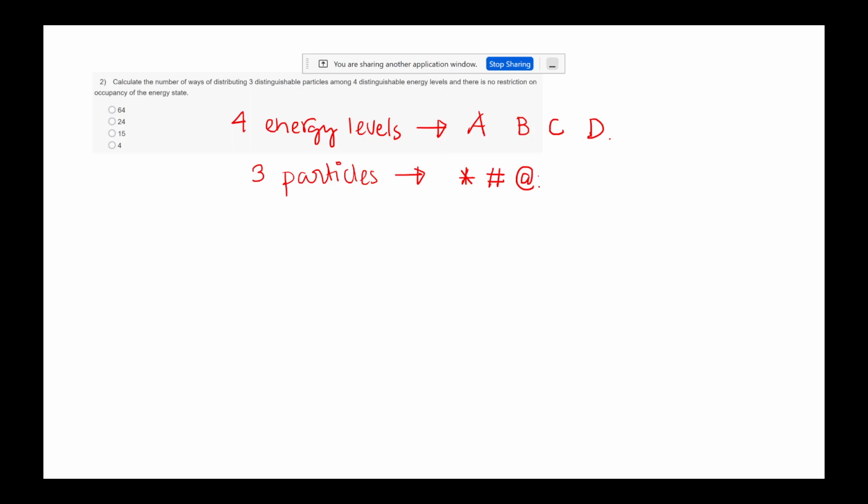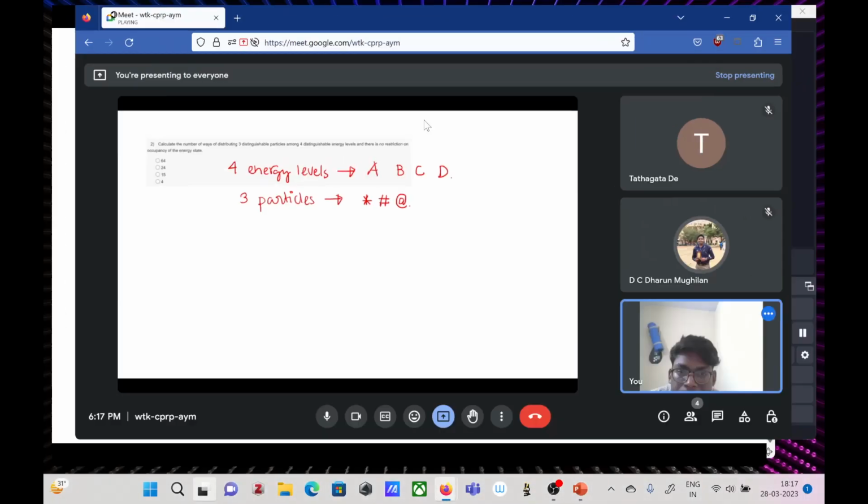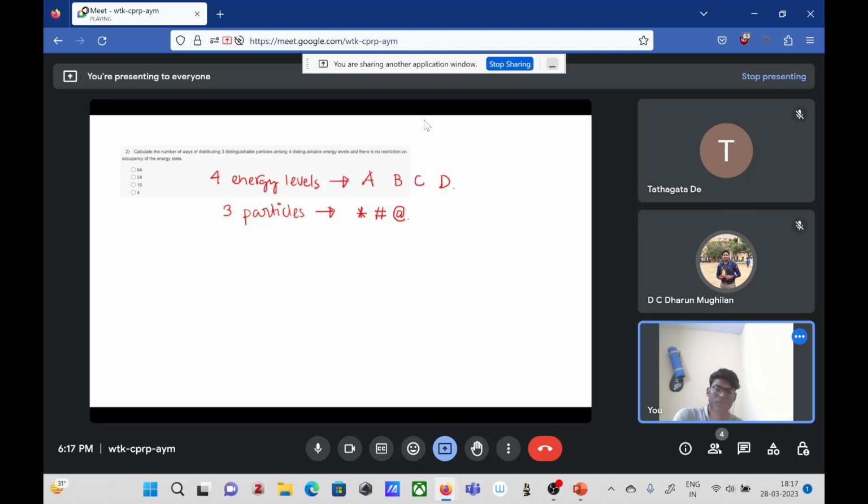So now with this clue, can you answer it? What will be the possible arrangements? Anyone? Just try to give this answer. If you flip a coin 3 times, 3 particles map to 3 coin tosses. What are the possible ways of outcome? 2 to the power 3, right? 8 in coin tossing.